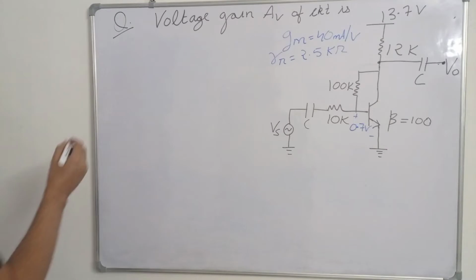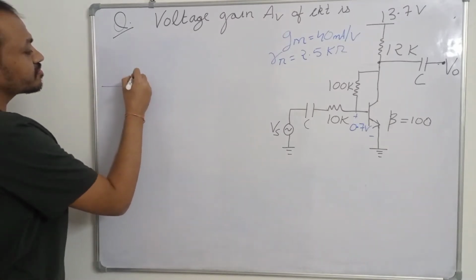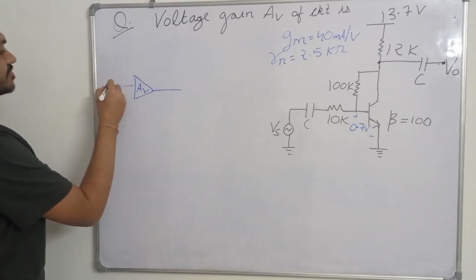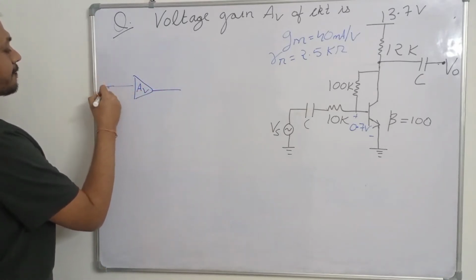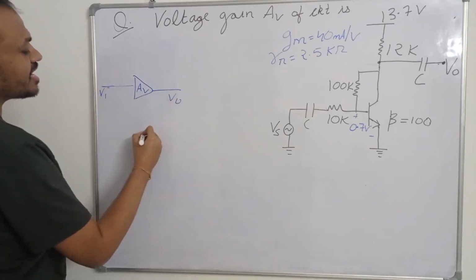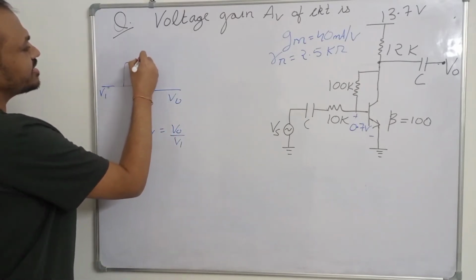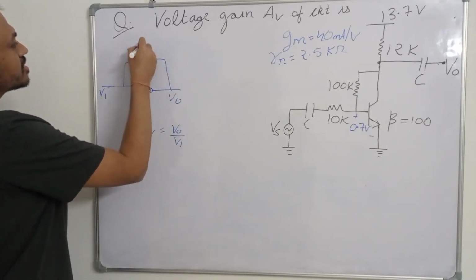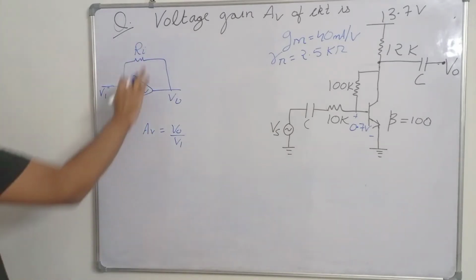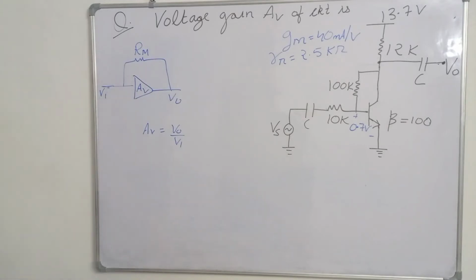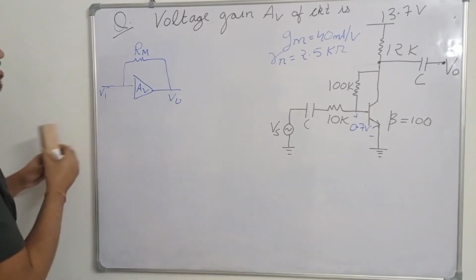According to Miller's theorem, if we have a circuit with a voltage gain AV, this is VI, this is V0, where AV is V0 upon VI, and a resistor is connected between both input and output, let's name it RM, Miller resistance. We can find its equivalent circuit like this.